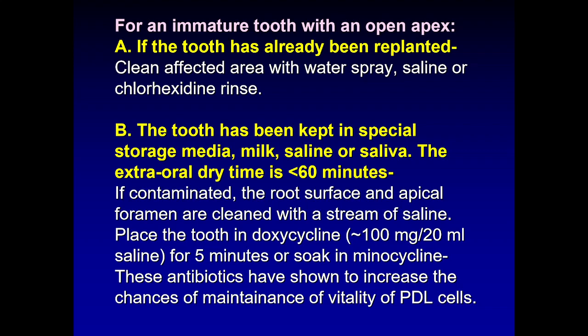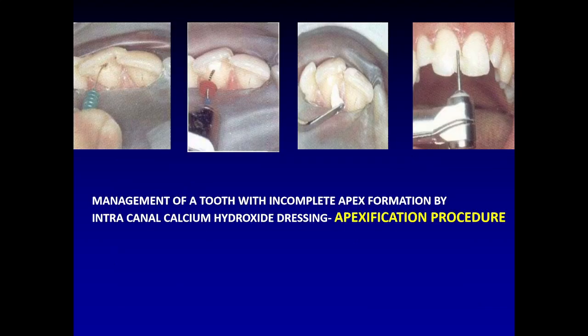I will wait and evaluate at 1 month, 3 months, 6 months. At any point, if I find external resorption has started happening or my tooth is not responding, I will initiate my apexification procedure. Now, immature apex, more than 60 minutes.